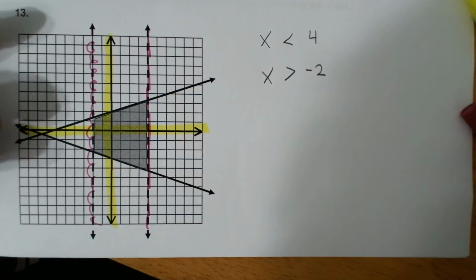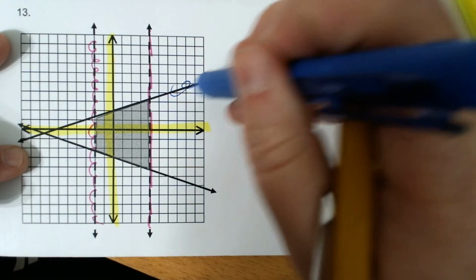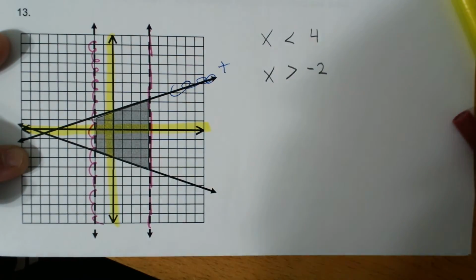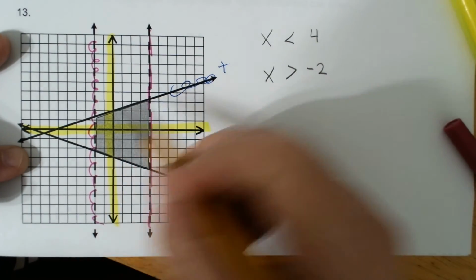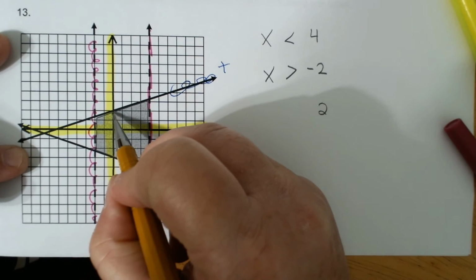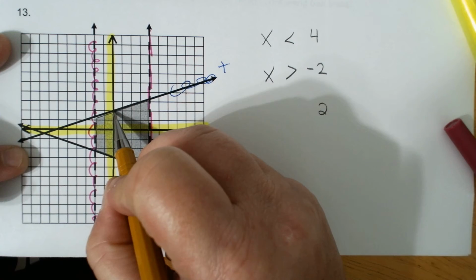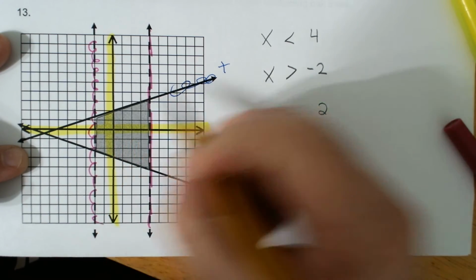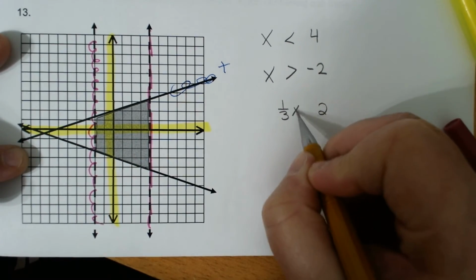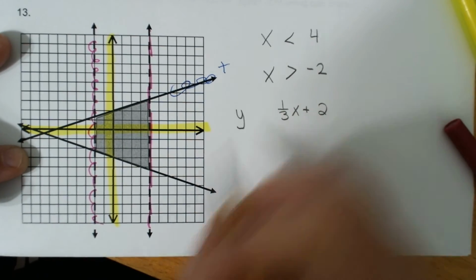And then I have this blue line with a positive slope and a y-intercept of 2 and a slope of 1/3. And I have y.